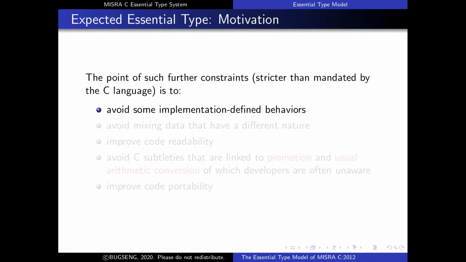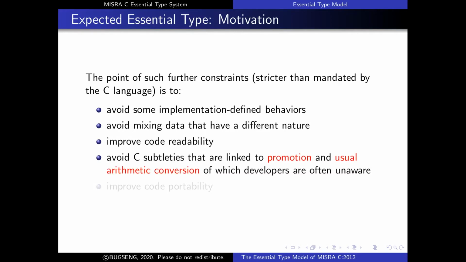Okay? So why is the essential type model there? It's to add further constraints to the C language, which is quite lax in this respect, so as to avoid some implementation-defined behaviors, to avoid mixing data that have a different nature, to improve code readability, and to avoid C subtleties that we explored in the previous webinar, which you can see on our YouTube channel.